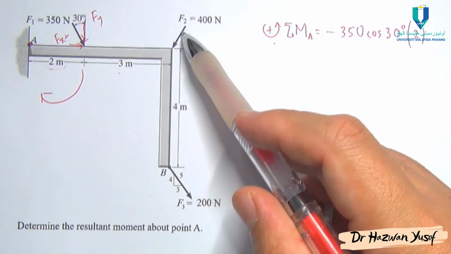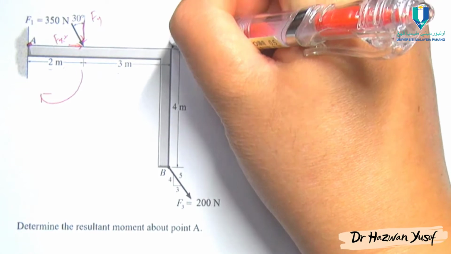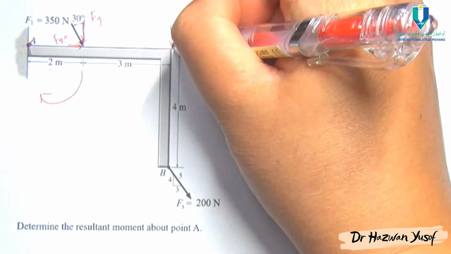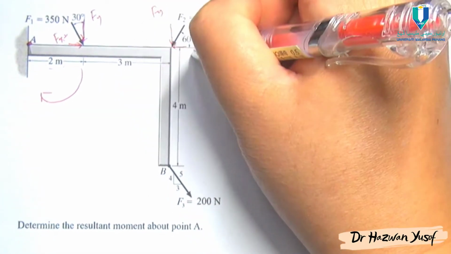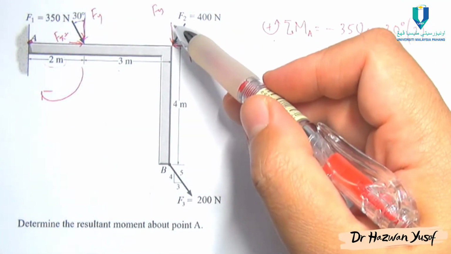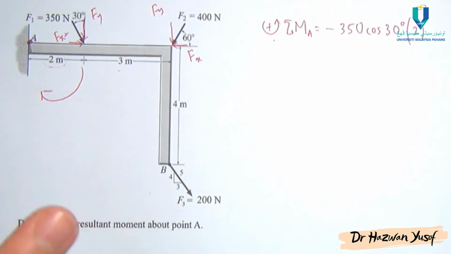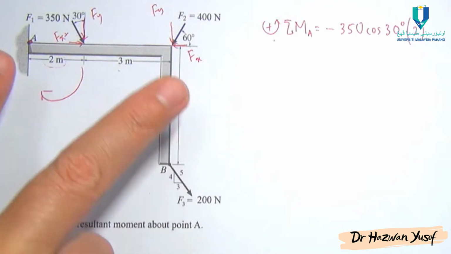And then what about our F2 here? F2 also, we resolve it into two directions, Fy and also Fx. If we do Fy first, same as before, when we want to consider whether it is counterclockwise or clockwise, use your two fingers.